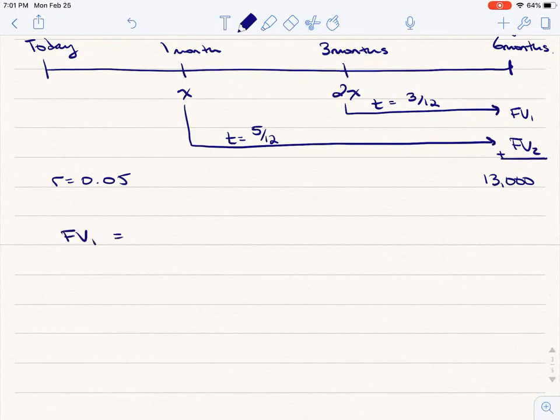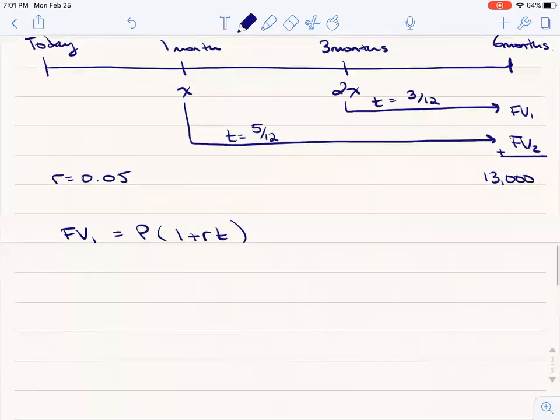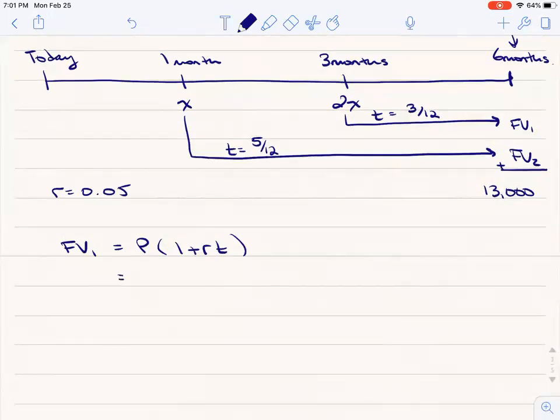Future value 1 is P times 1 plus R times T. P for future value 1 is 2x. Even though we have that x in there, we know how to deal with that, because we're going to have these x's, but they're going to add up to 13,000. That's why that's important. So we've got 2x times 1 plus r, which is 0.05, times t, which is 3/12.